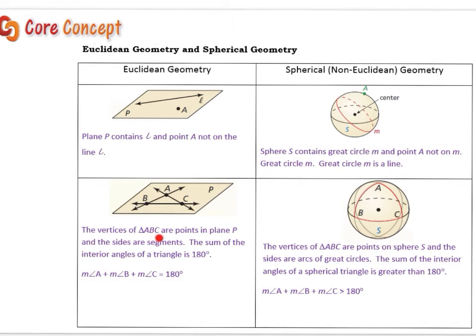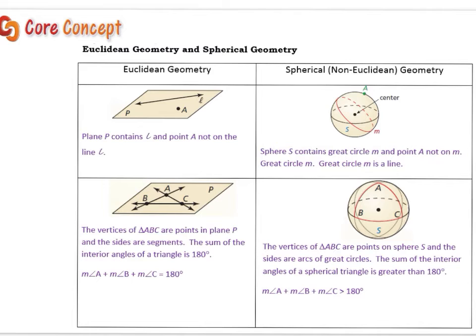Next, the vertices of triangle ABC are points in plane P, and the sides are segments. The sum of the interior angles of a triangle is 180 degrees. So the measure of angle A plus the measure of angle B plus the measure of angle C is equal to 180 degrees. That's in Euclidean geometry. In spherical geometry, let's take a look at our triangles.